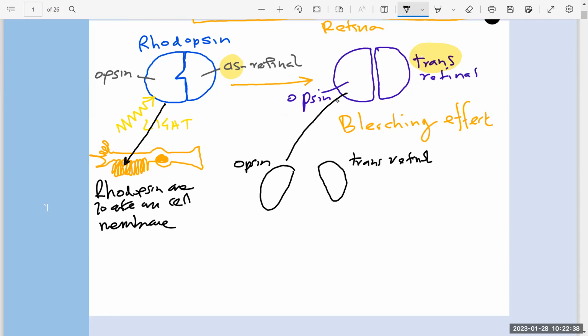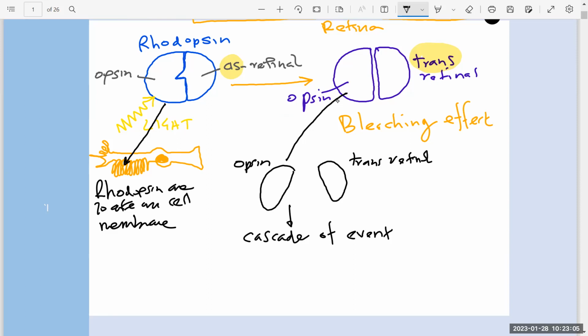So what we do, we try to summarize all the events in one word: cascade of events. Now, what is a cascade of events?